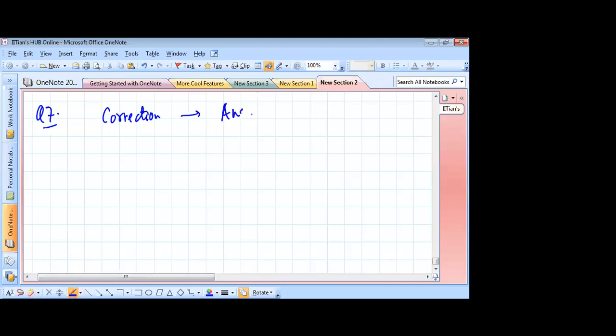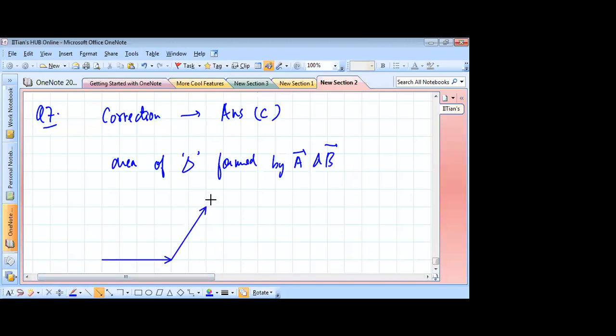Now what is the concept here? You have to find the area of the triangle formed by vectors A and B. A triangle formed by vectors A and B looks like this, let's say.